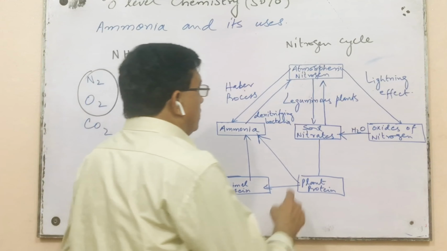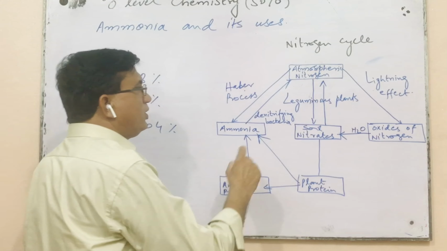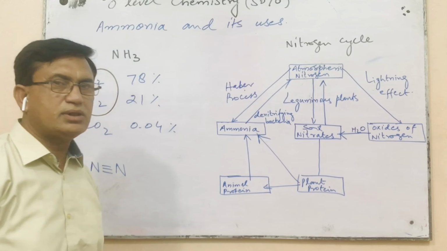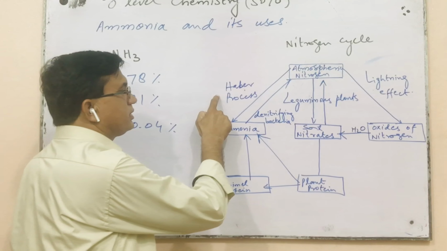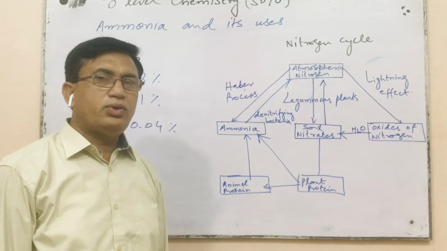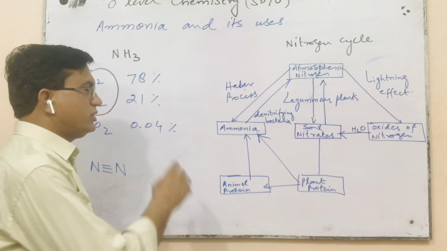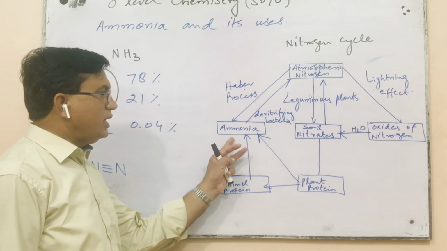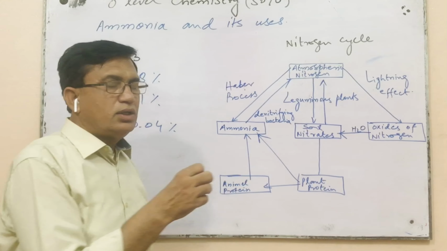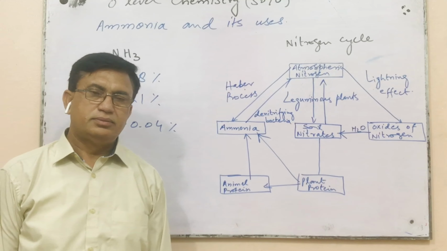If we look at this side, atmospheric nitrogen can be converted into ammonia using the Haber process. The Haber process is the process in which we react nitrogen and hydrogen to produce ammonia, which is a nitrogen-rich chemical compound used as a source of nitrogen, as a fertilizer for plants.